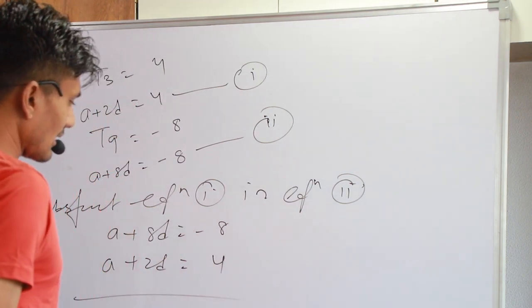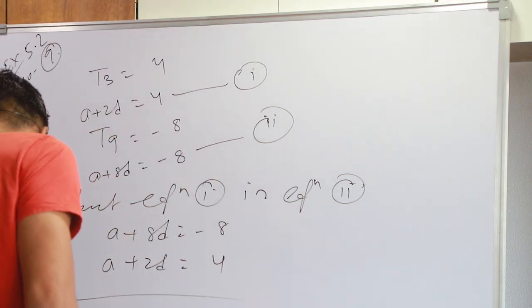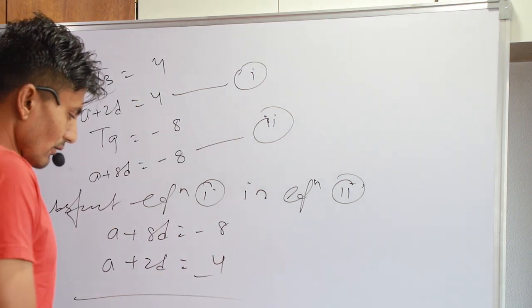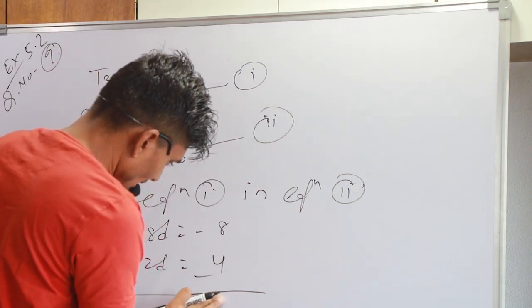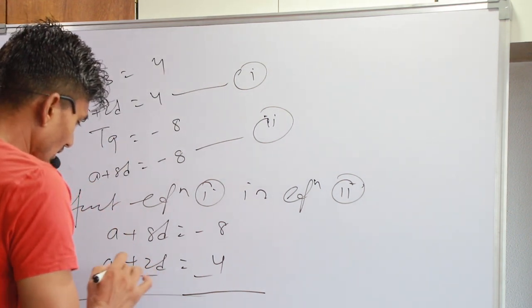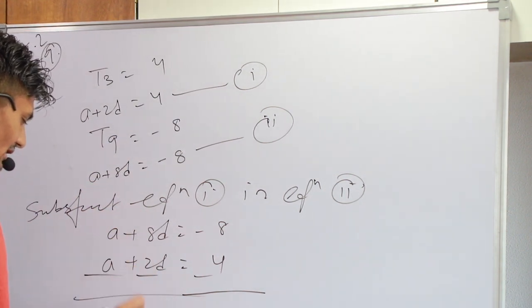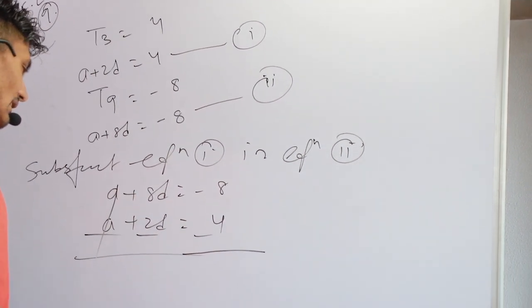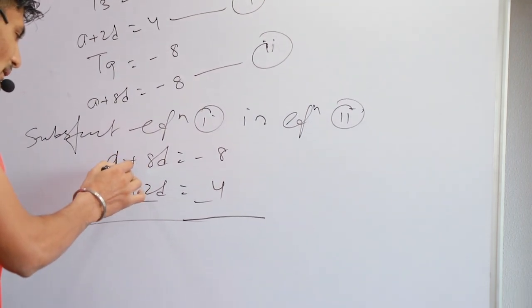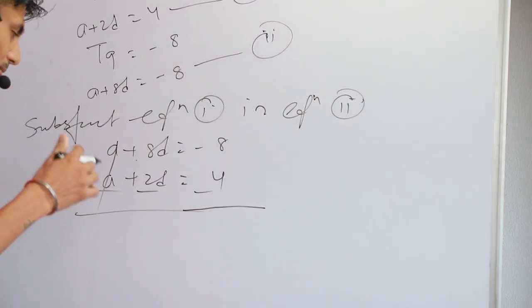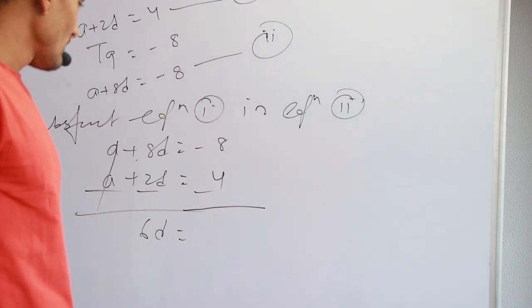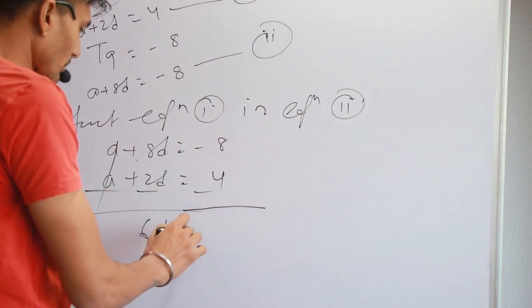We have to change the sign because we are subtracting equation 1: 4 will contain the negative sign, 2D will also contain the negative sign, and A will also contain the negative sign. Now A is positive and A is negative, due to that A will cancel. Plus 8D minus 2D, that means we have got 6D equal to minus 8 minus 4, that is equal to minus 12.